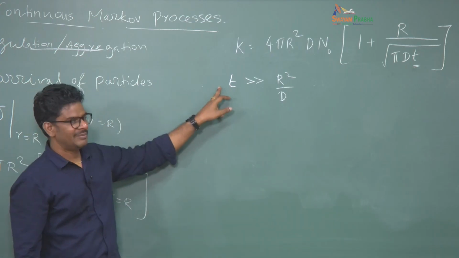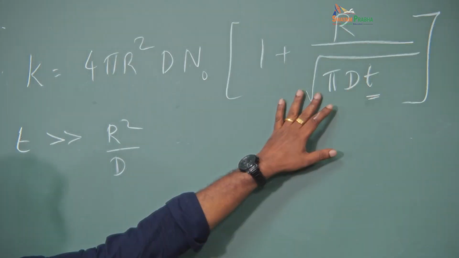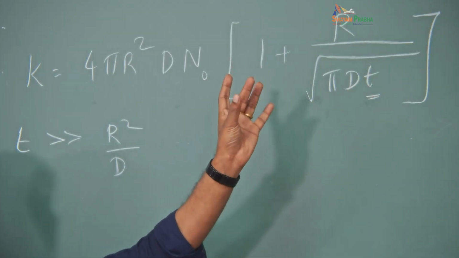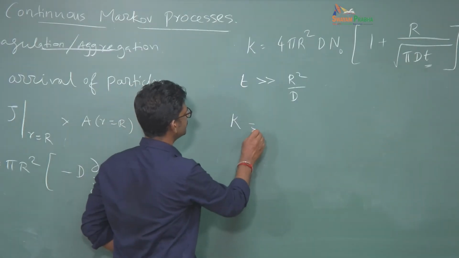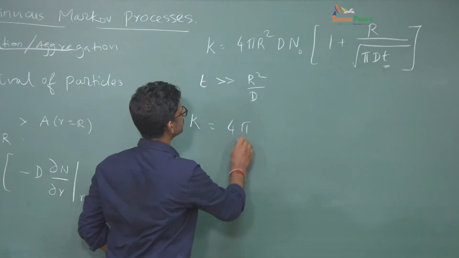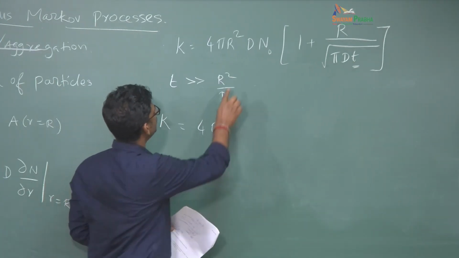So if you're looking at time larger than this diffusion time, then this quantity is not relevant, okay. This is important only at some short time behavior, okay. So then you get a much simpler expression, that is, this should be r here.